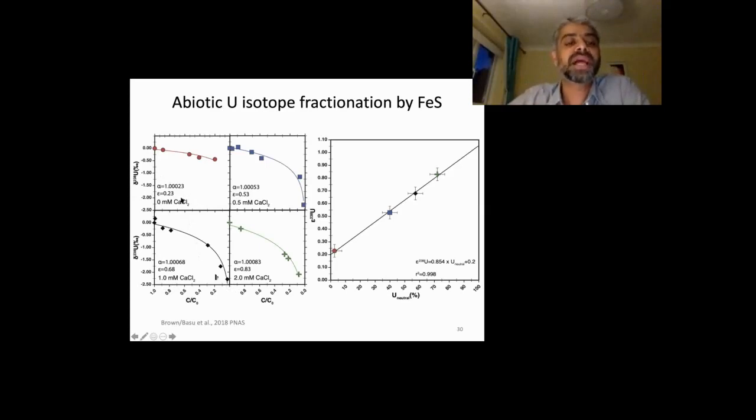When there is no calcium, we see a small fractionation. With progressively increasing calcium, the fractionation actually increases. And when we plotted the fractionation factors against the neutrally charged uranium, there is almost a 1-to-1 correlation between fractionation factor and the neutrally charged uranium.